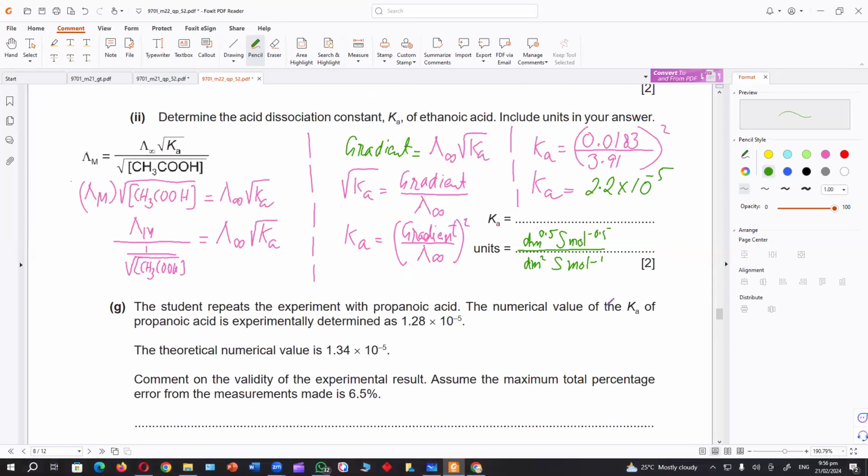Now simplify this. We can cancel s. How much will be dm 0.5 minus 2? Minus 1.5. Mole.